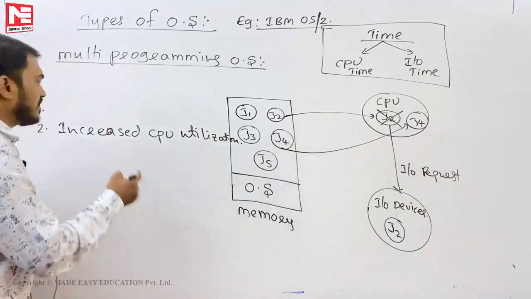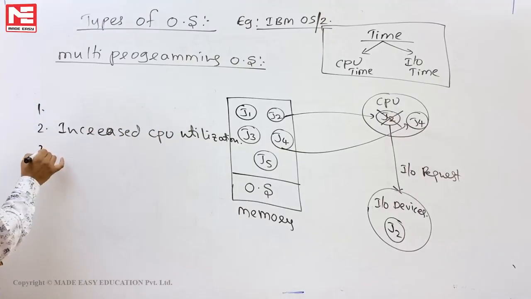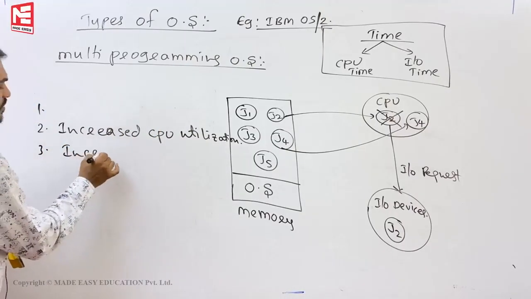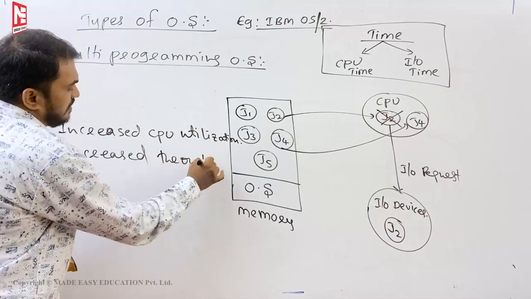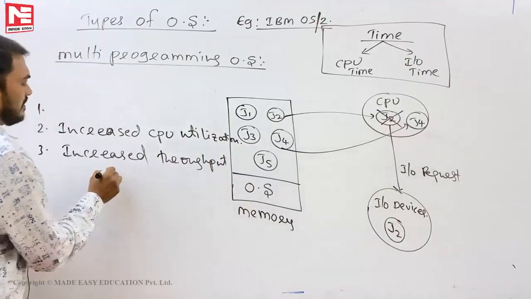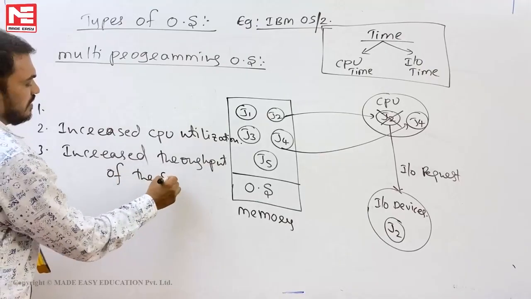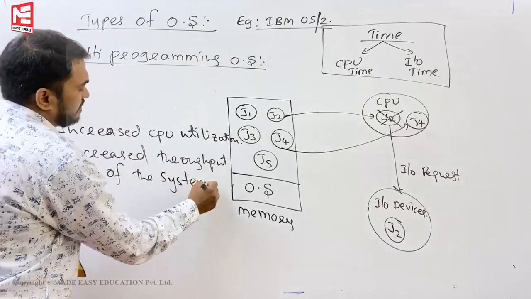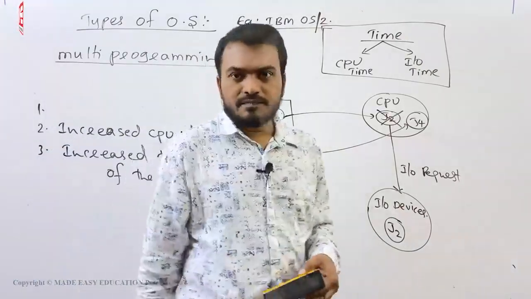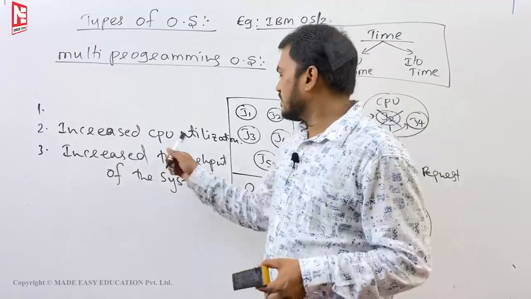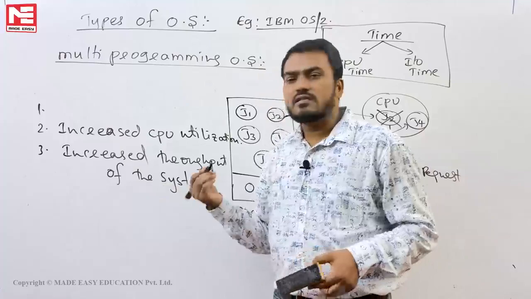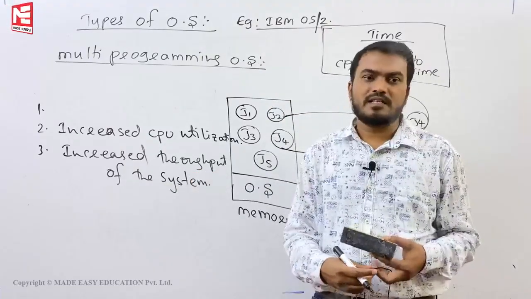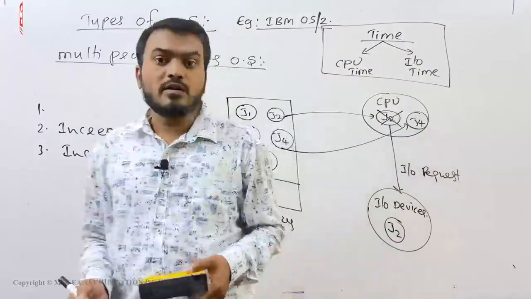Obviously if the CPU utilization is increased, what happens next? Increased throughput of the system. So when the CPU utilization is increased, obviously the throughput of the system will also increase. Is that clear? So this is the multi-programming operating system.